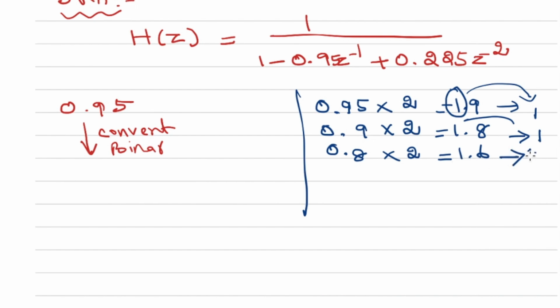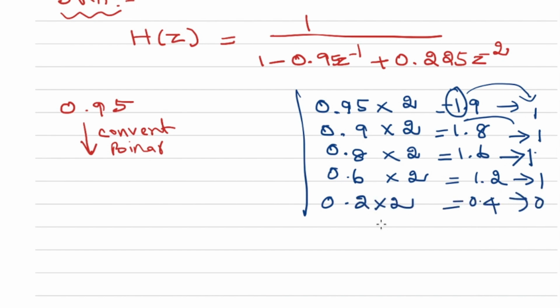So this 1, again 0.6 into 2, that is 1.2. So this 1 comes here, and 0.2 into 2 is 0.4, and so on. So this will go like this. So the binary value of this 0.95 is point 1 1 1 1 0 1 1 1 1 0.